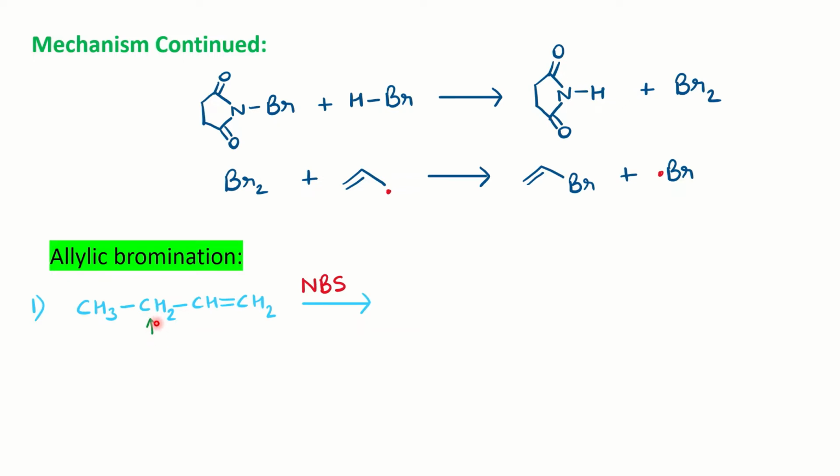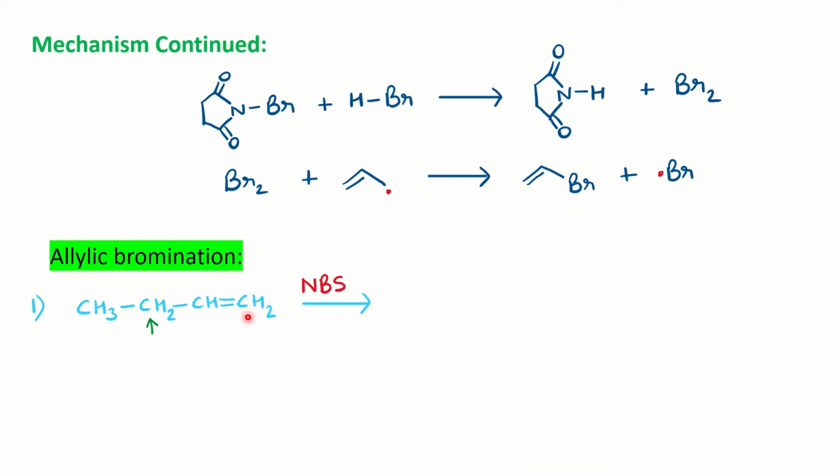But we know that the mechanism goes through a free radical. The free radical is generated here in between, and along with the double bond, resonance takes place. If the resonance takes place, you will have a free radical here also at CH2.